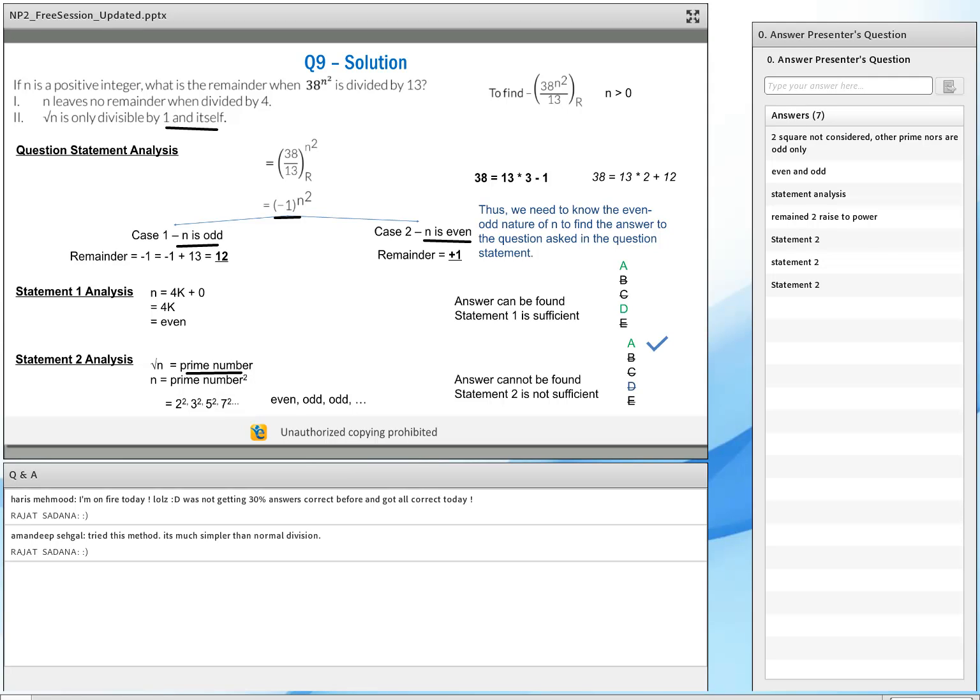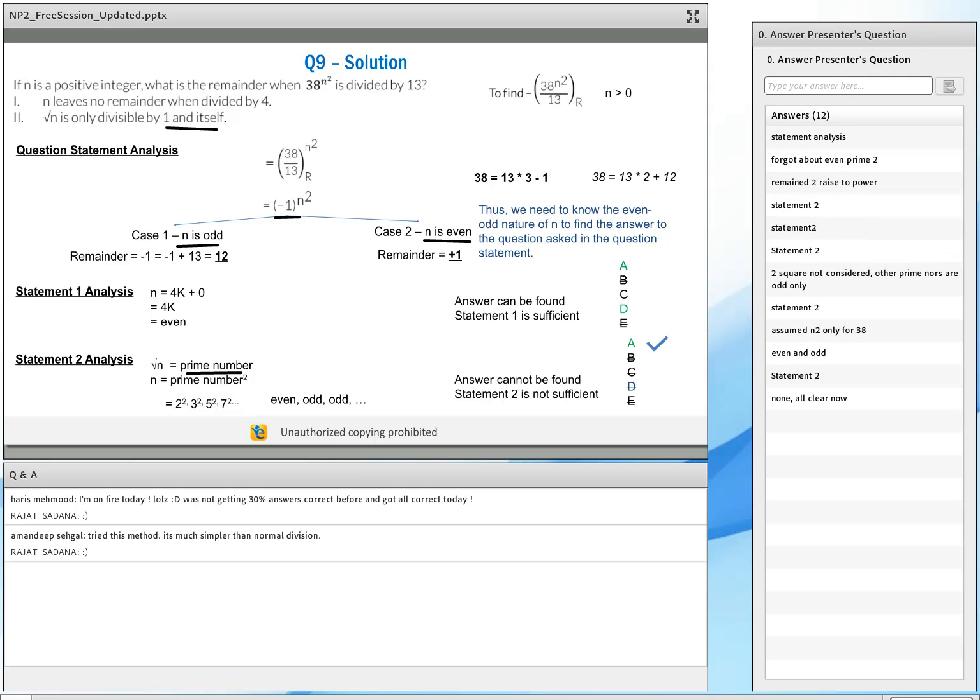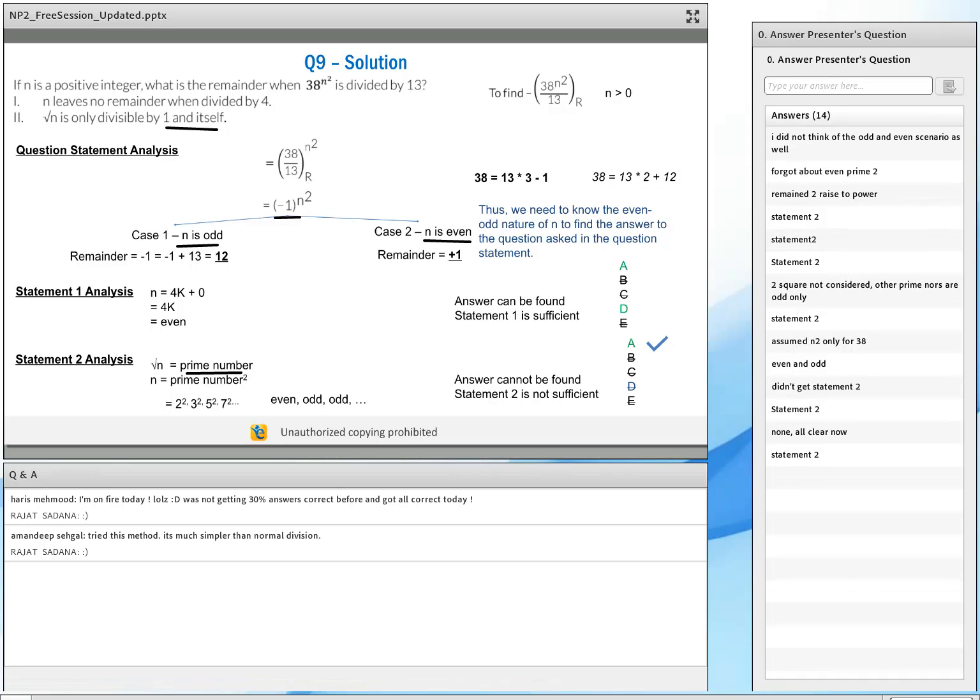You couldn't figure out that you had to simplify it. Some of you forgot that 2 square can be even. If you got to that level of analysis, but you forgot that a square of a prime number can also be even because 2 is also a prime number, you did 95% of the effort right. And because of that 5%, you got this wrong.